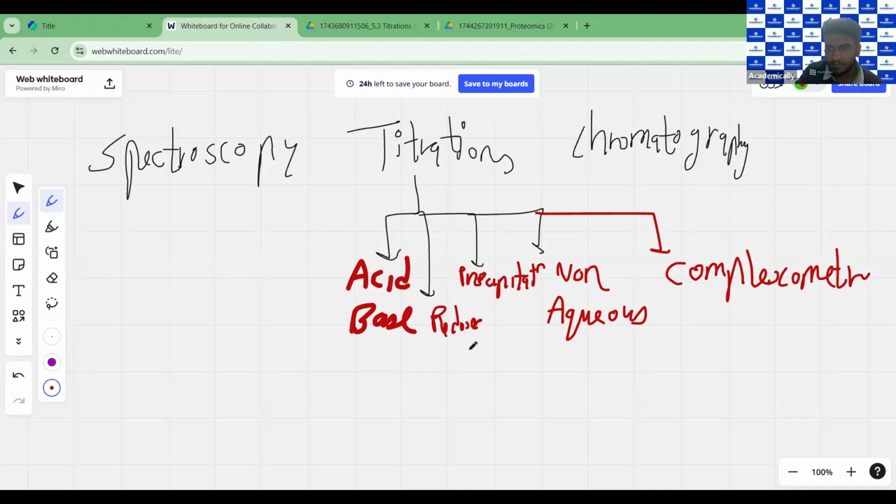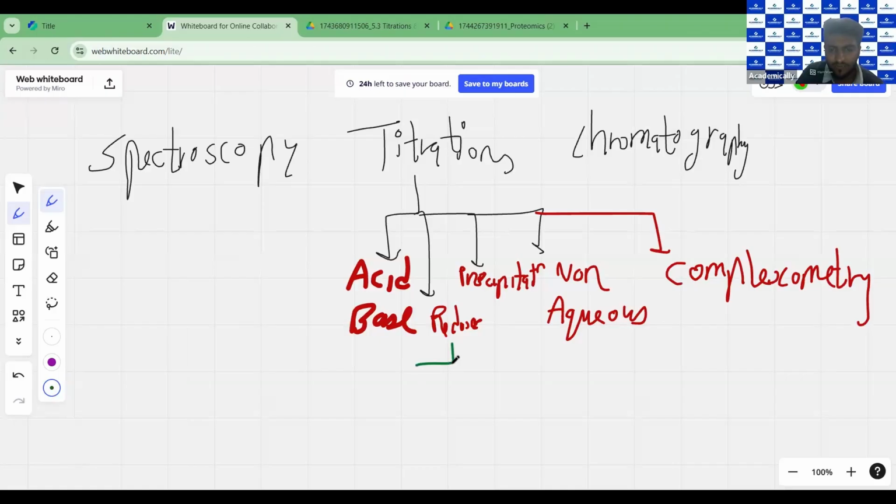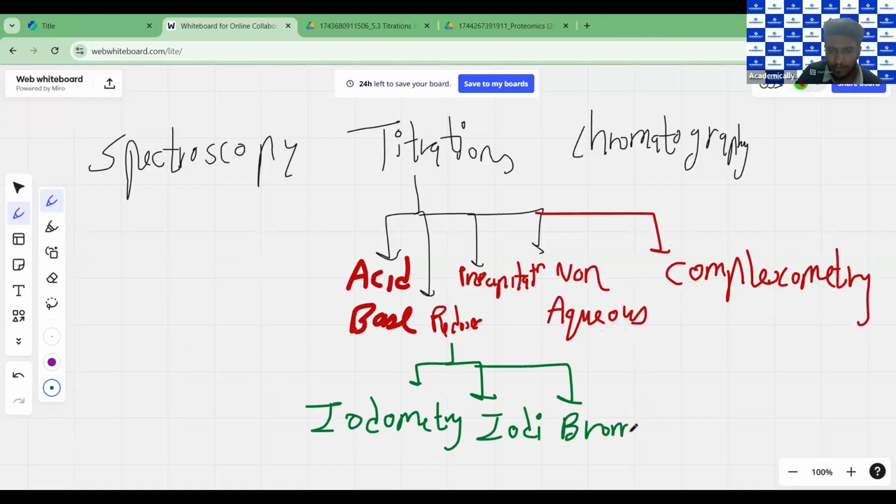Now, when we talk about the redox, redox is also further classified into different kinds of titrations. What are those? Iodometry, iodimetry, bromatometry, permanganometry, cerimetry, dichrometry.